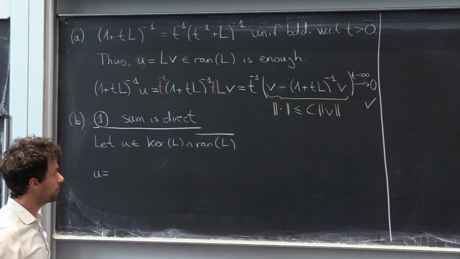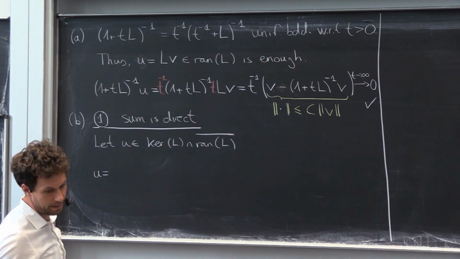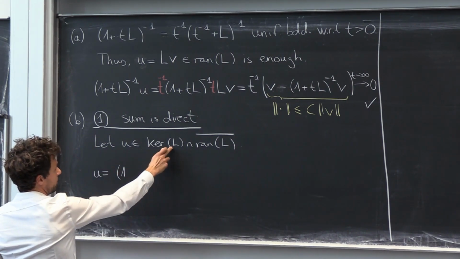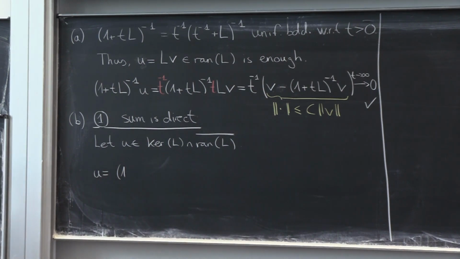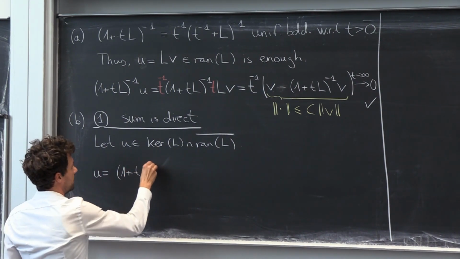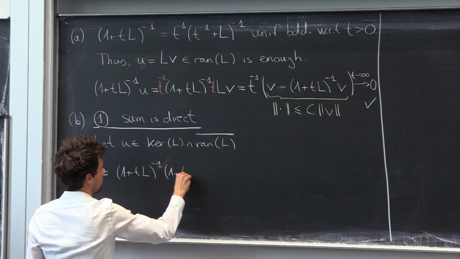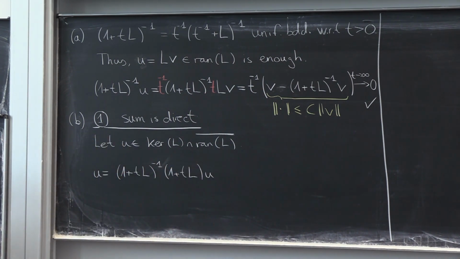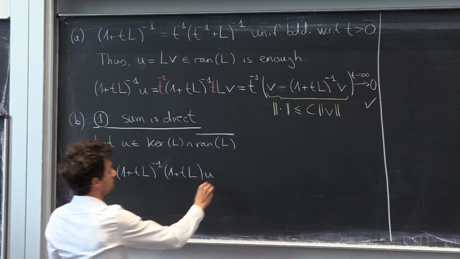I try to introduce what I am given in part A. So because U, as a member of the kernel, is in particular in the domain of the operator, I can write U as 1 plus TL inverse applied to 1 plus TL of U. Sure, nothing happened.